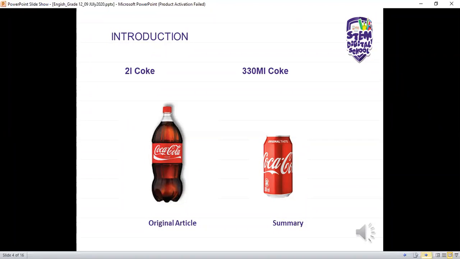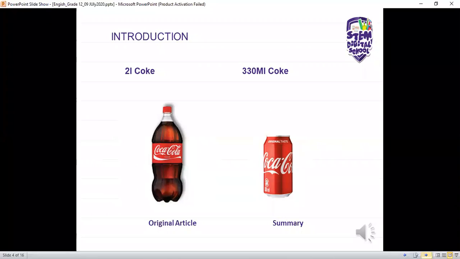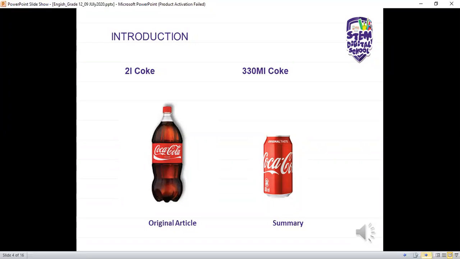So if, for instance, I have a page-long article and want to summarize it, the summary cannot be the same size, you know. But what is the most important thing is to always keep the main idea. Now, how do we keep the main idea would be discussed later.